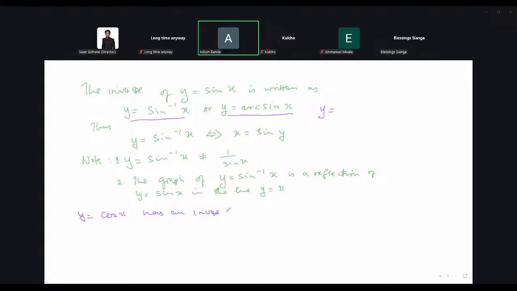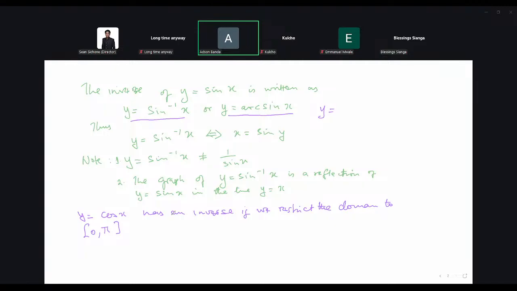If we restrict the domain to 0 to pi, its range is -1 to 1.